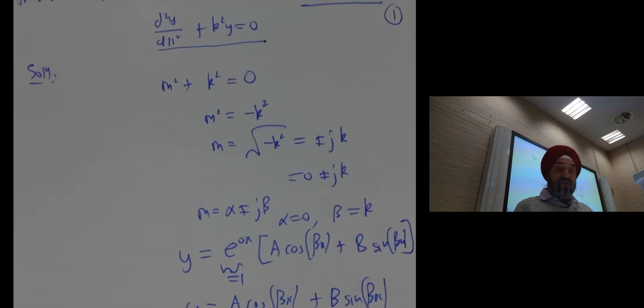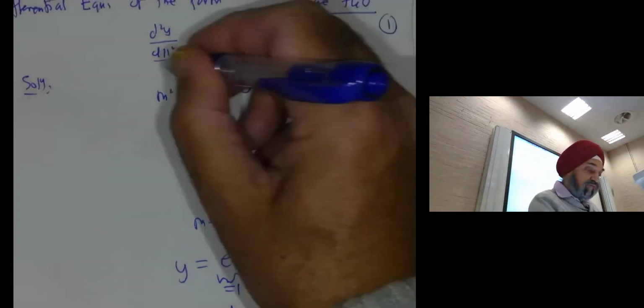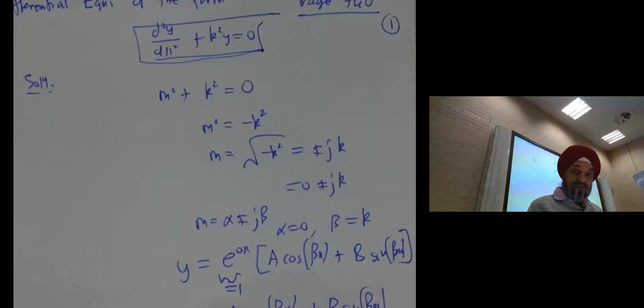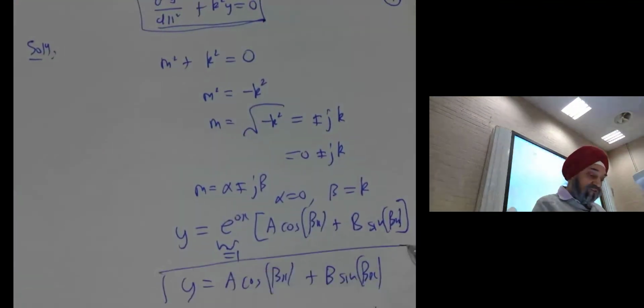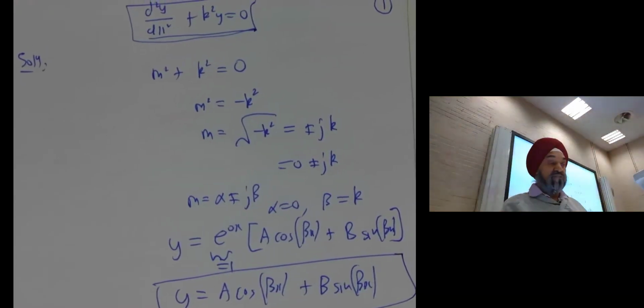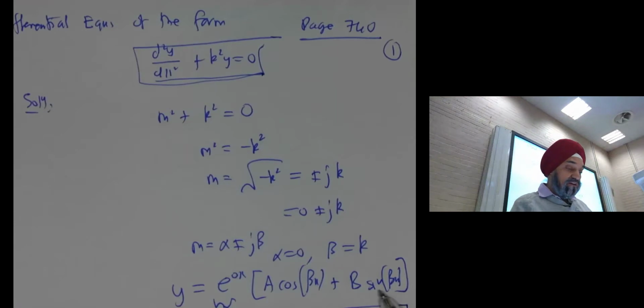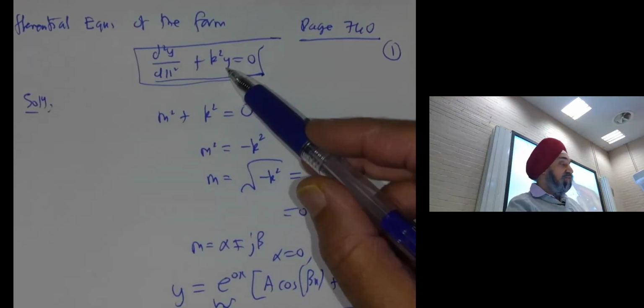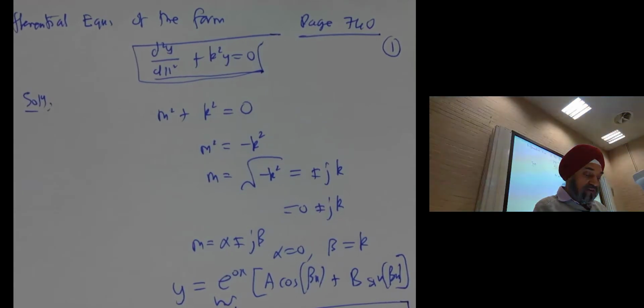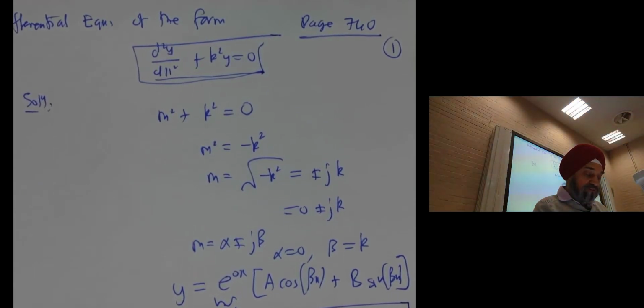So if you've got a differential equation of that format, then the solution is given by that. y is equal to a cos beta x plus b sine beta x, where beta is equal to k. I should have put a cos kx plus b sine kx.